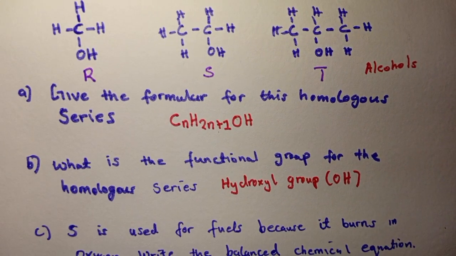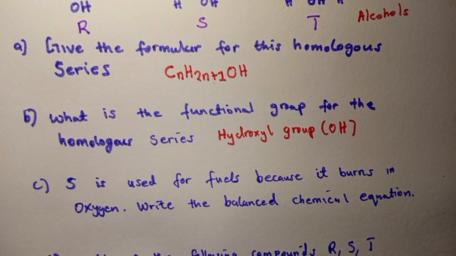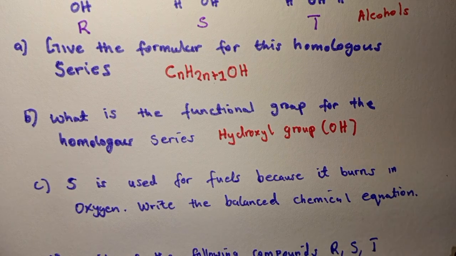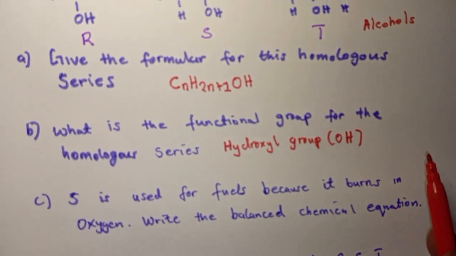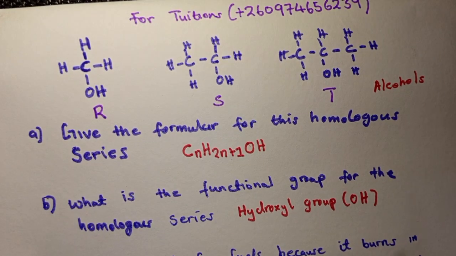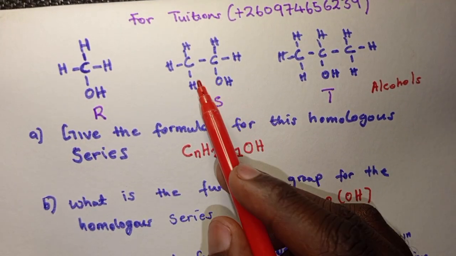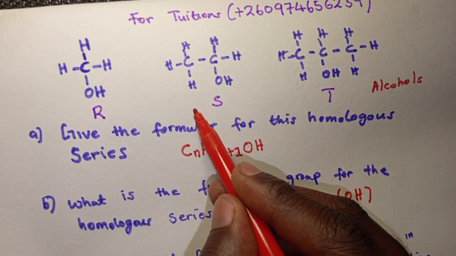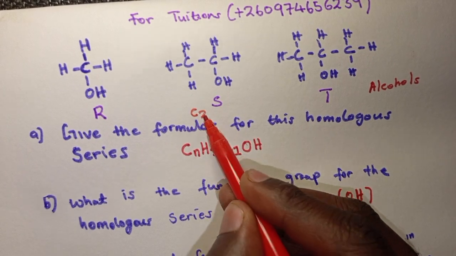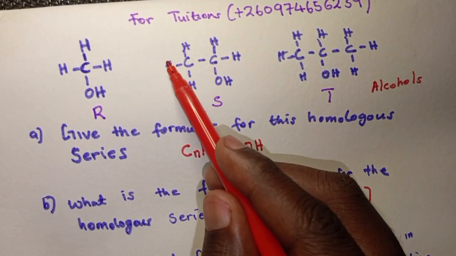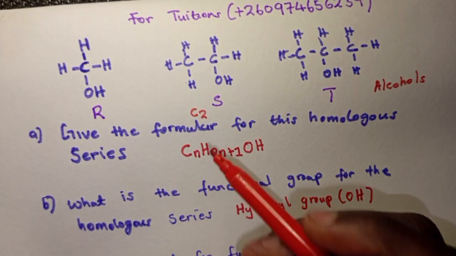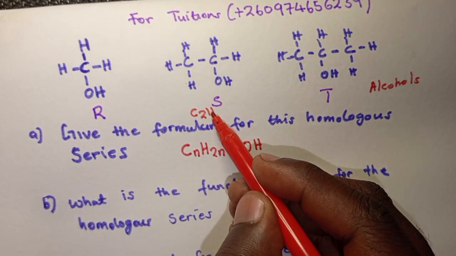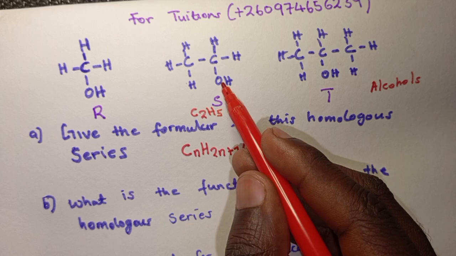Next, S is used for fuels because it burns in oxygen. Write the balanced chemical equation. For S, this is C2, so we can write its chemical formula: C2, H, how many? 1, 2, 3, 4, 5, H5, then the OH.